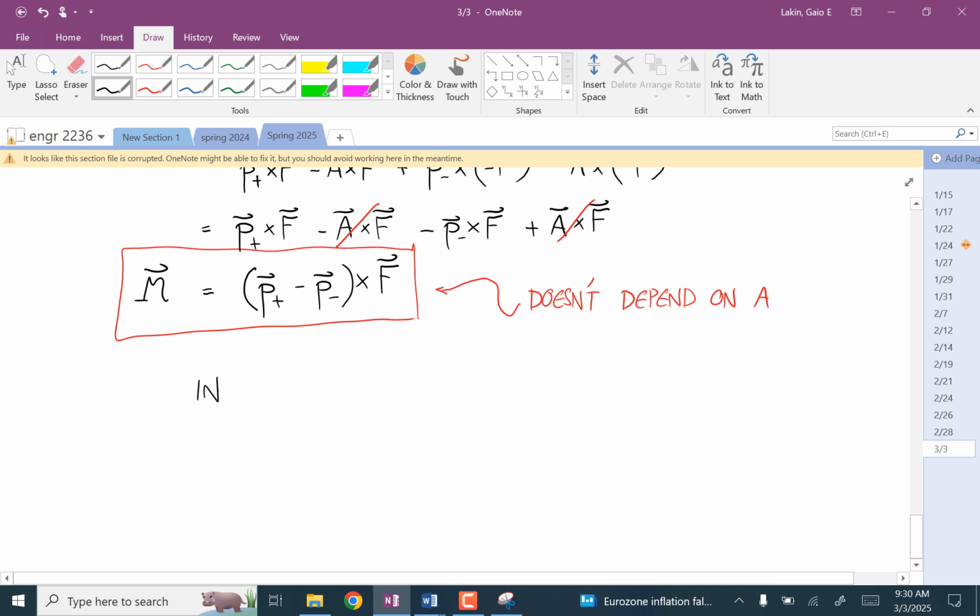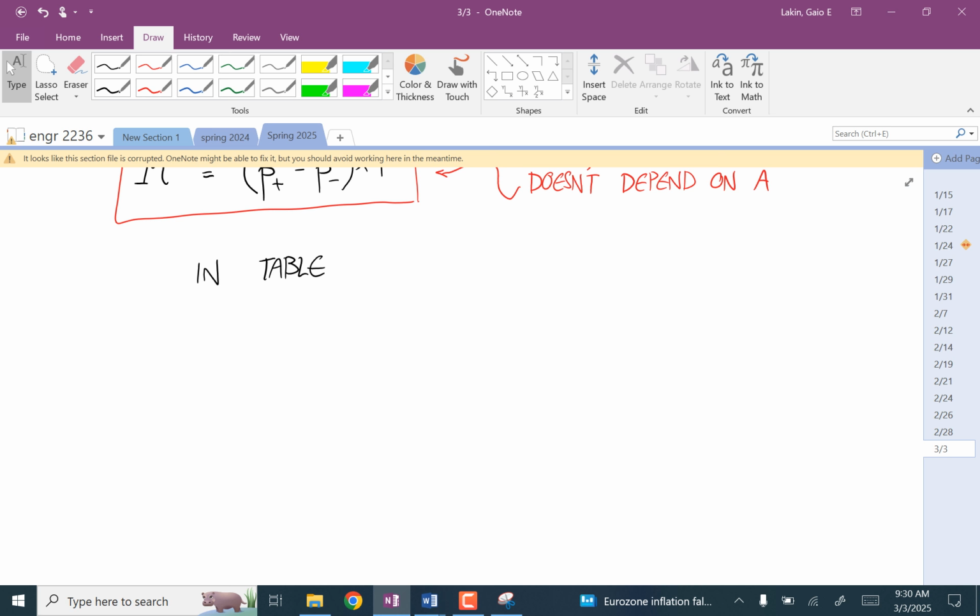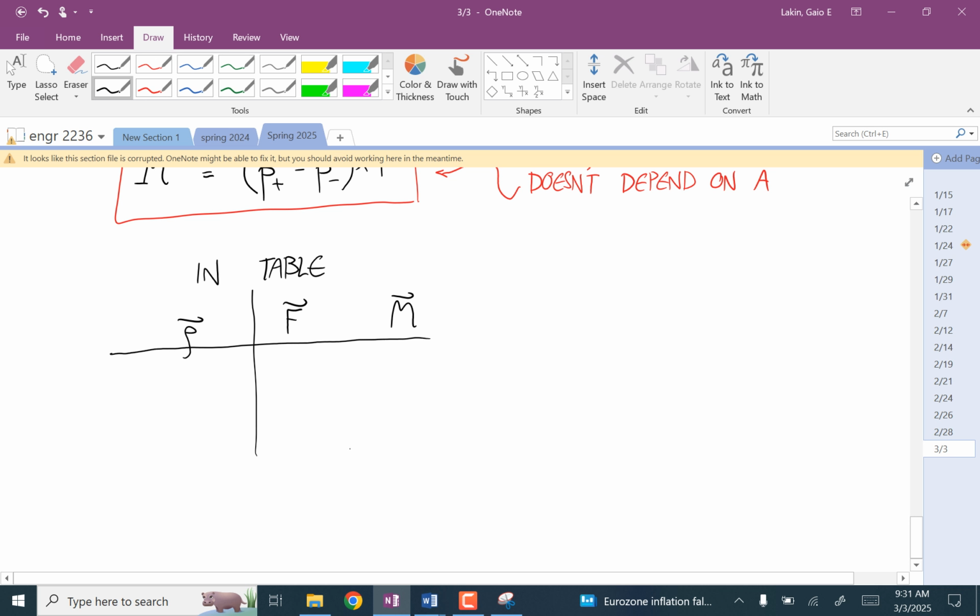When you're writing out the table, so let's say we have our rho, our force, and our moment. You can always just write the couple as negative 56 newton meters.